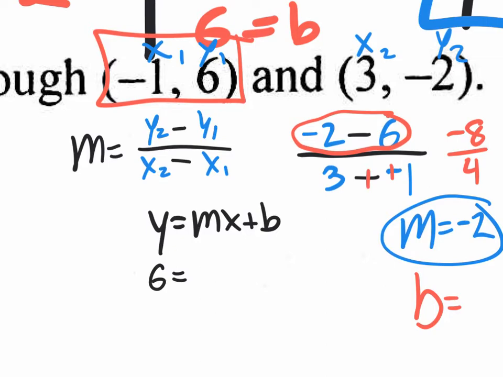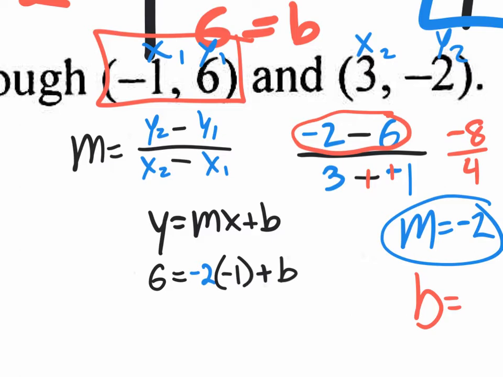Negative 2. So we have negative 2 right here times x. Instead of x, what am I going to write? Negative 1. So we put a negative 1 right there. And of course the plus b, you're going to leave it because we don't know b. That's the whole purpose of plugging everything in, so we could solve for b. So now we have an equation that we could actually solve, and we'll get the answer for b.